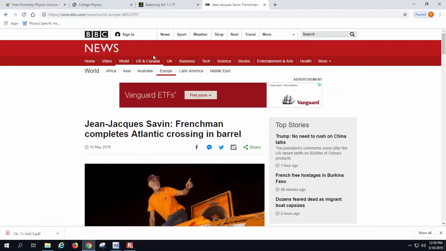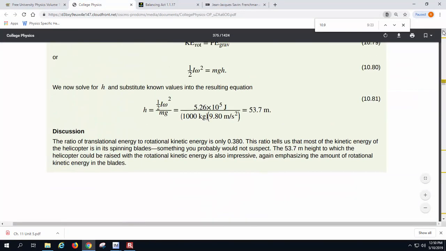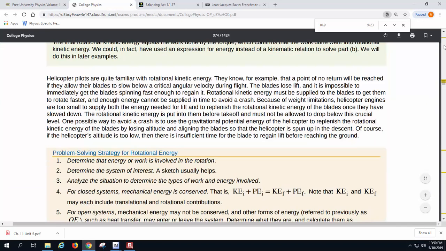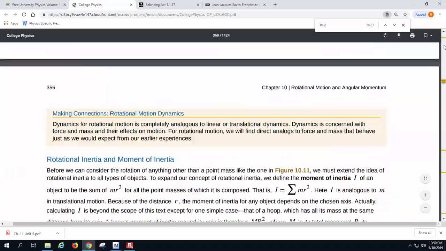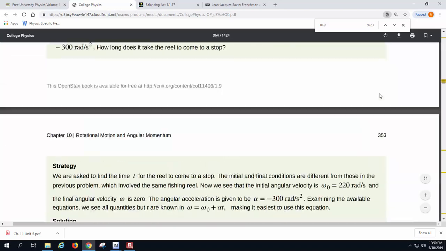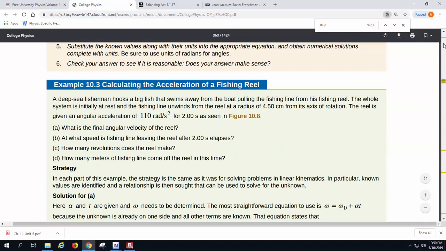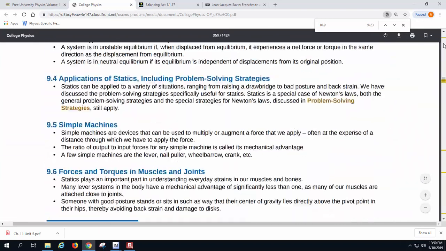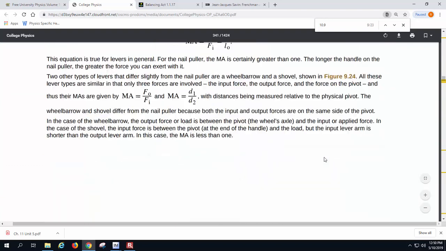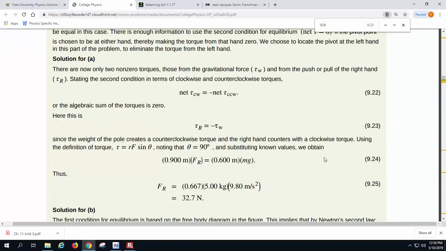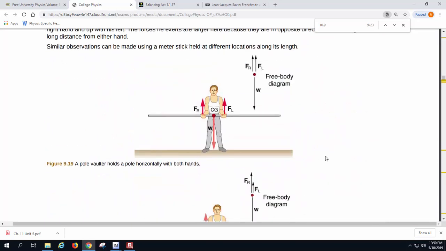Oh, I was there. Oops. 326. Hold on to the pole vault.